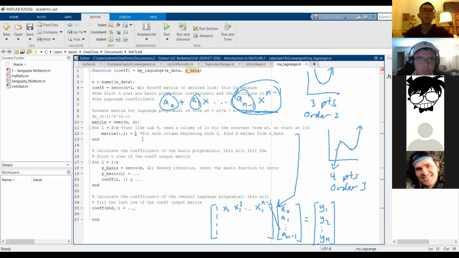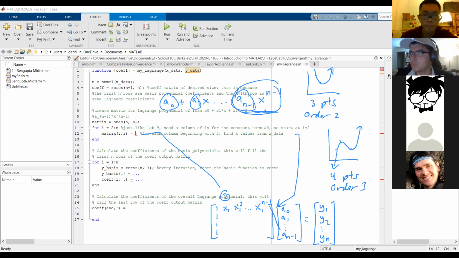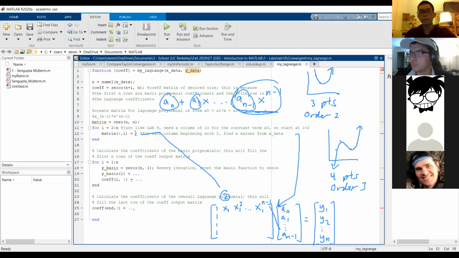So matrix, let's just go through the logic of this. Here's the second column, what we're trying to look at in this first iteration. Matrix, all of the rows in the second column, is equal to something in x data. Well, we don't need to do anything to that.